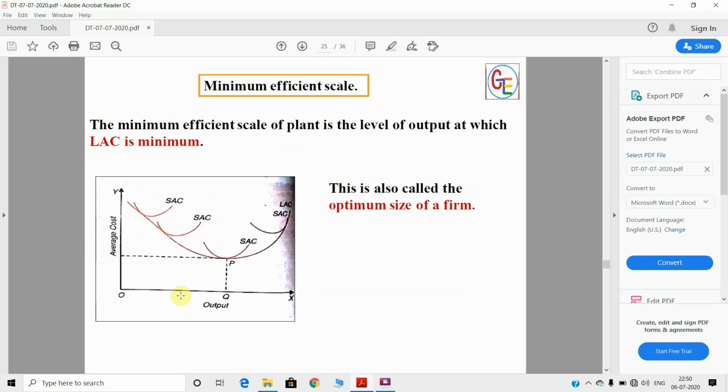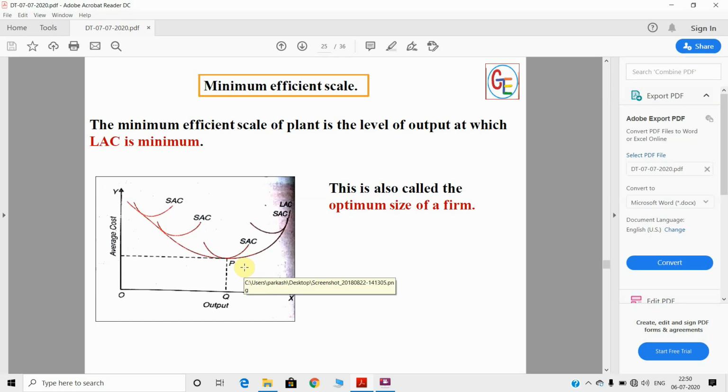Next, the minimum efficient scale. The minimum efficient scale of the plant is the level of output at which LAC is minimum. So we can see the optimum size of a plant. Where is the optimum size of a plant attained?